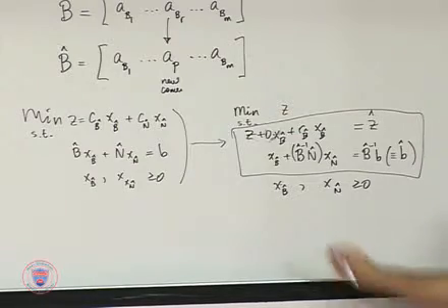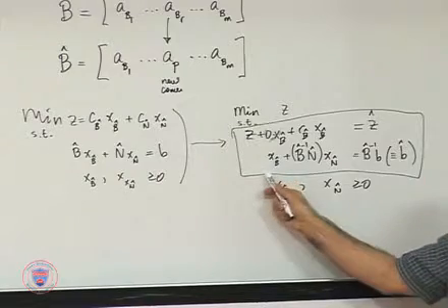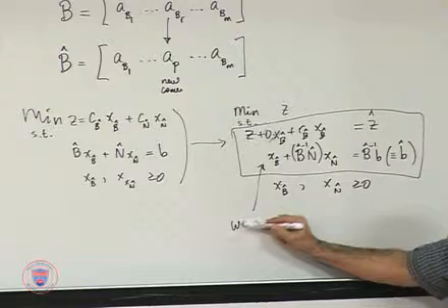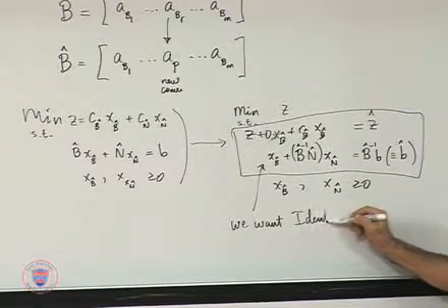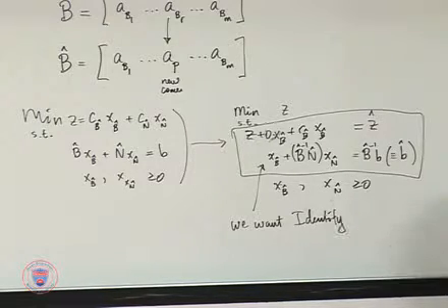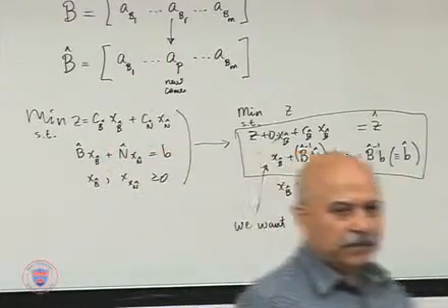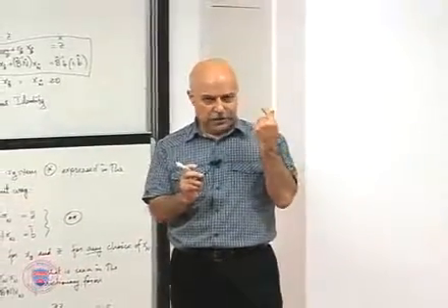Which means that rather than having B cap x_B cap, you want the identity here. Okay? We want the identity for the new set of basic variables. Now, in the old system, we already had the identity, except that it was for a different set of basic variables. Now, the basic set of variables is changed by only one.